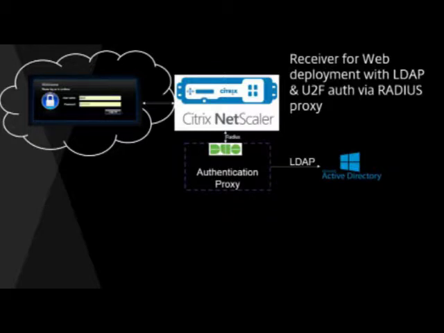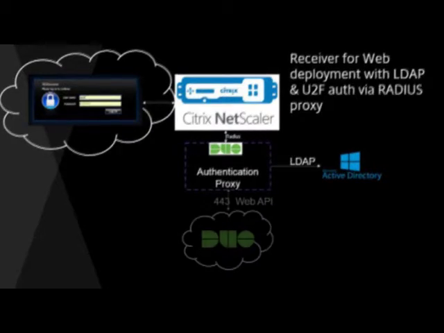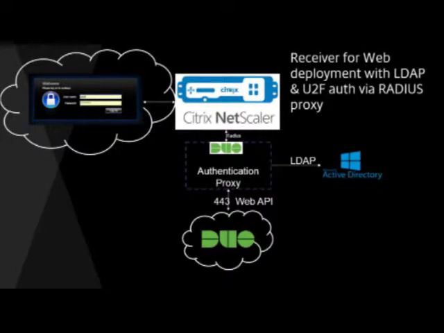Now, assuming that the LDAP credentials are correct, an accept or a valid login will be returned from that LDAP, and the authentication proxy will know about it and then send off a request via the web API to the Duo security mechanism. This mechanism is going to really need that hard token authentication.